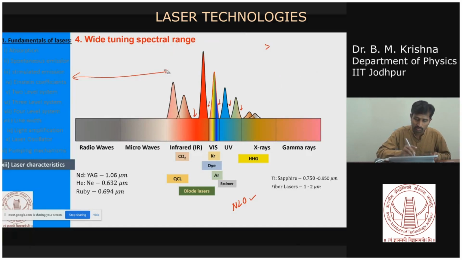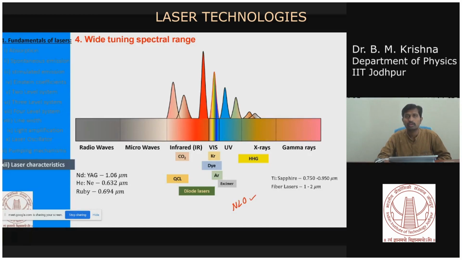Our researchers are working towards developing lasers in this region too. But with the current technologies, we have all the wavelengths in this region without any gap.